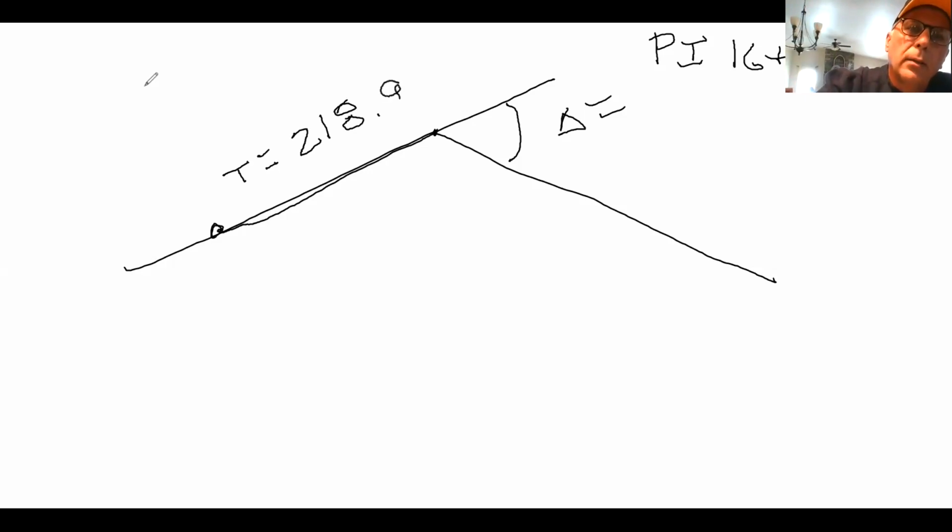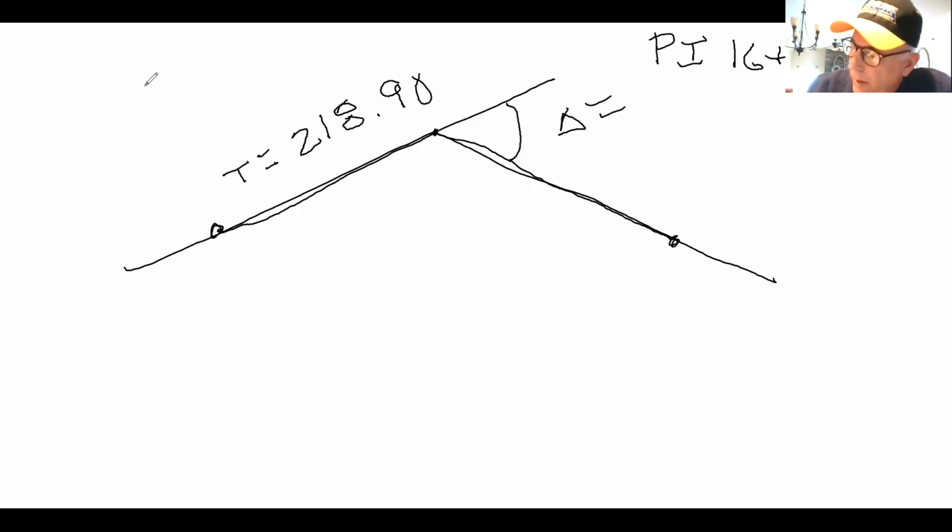That is what I get when I compute. So that 218 feet is the distance here and the distance here as we go along to our curve. Remember, this T and this T are equal. My sketch may not show that, but that's the intention.